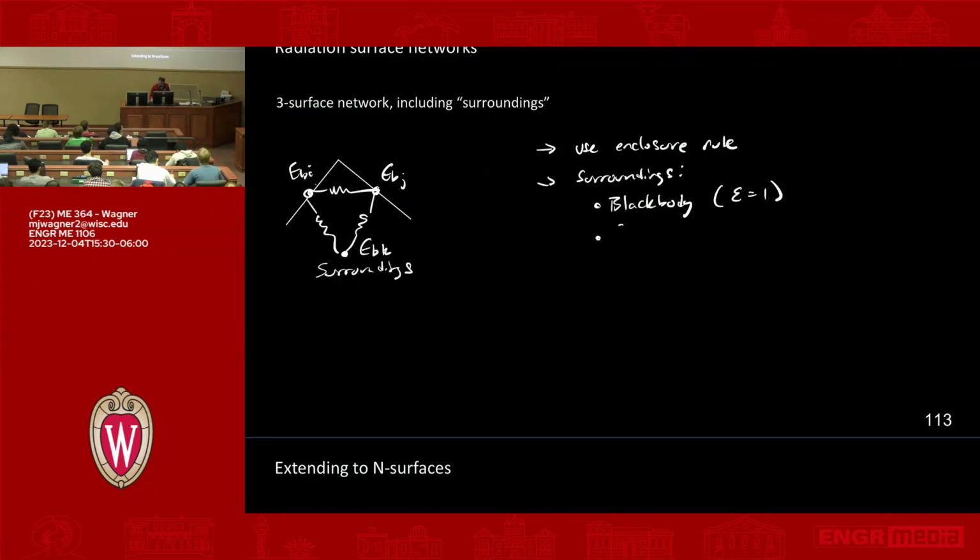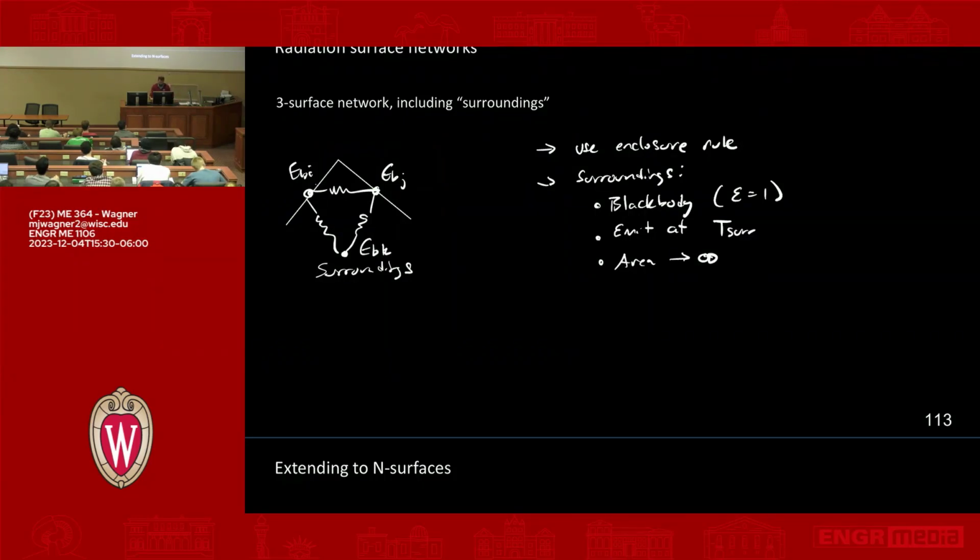We assume the surroundings emit at T surroundings, or we could call it T infinity or T3 or whatever it happens to be, but it's emitting at some temperature. And then in terms of the area, it is effectively infinite. The surroundings, by our definition, means that it's just a very large area that's emitting back. So you're receiving radiation, but the view factor from the surroundings to any individual thing is basically 0.